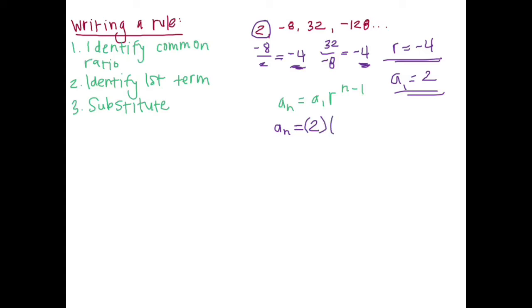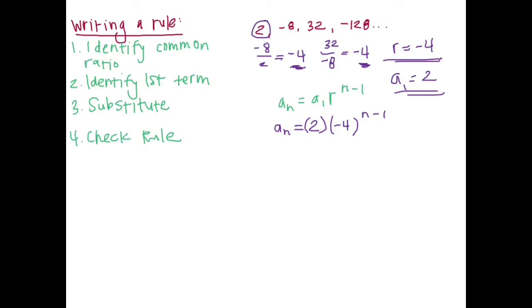Then in place of r, I'm going to substitute -4, and then we have to the power of n minus 1. This can't be simplified any further because the 2 and -4 cannot be multiplied until we get rid of the exponent. So I just need to do my final step, which is to check the rule.